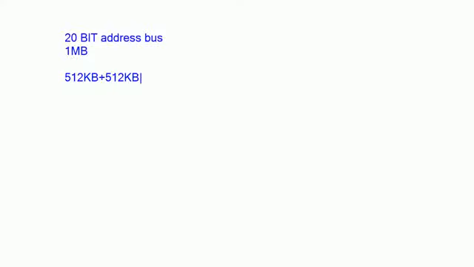So here I'm assuming that this 1 MB is split into 1024 kilobytes. 1024 kilobytes means it is going to be 1 MB.